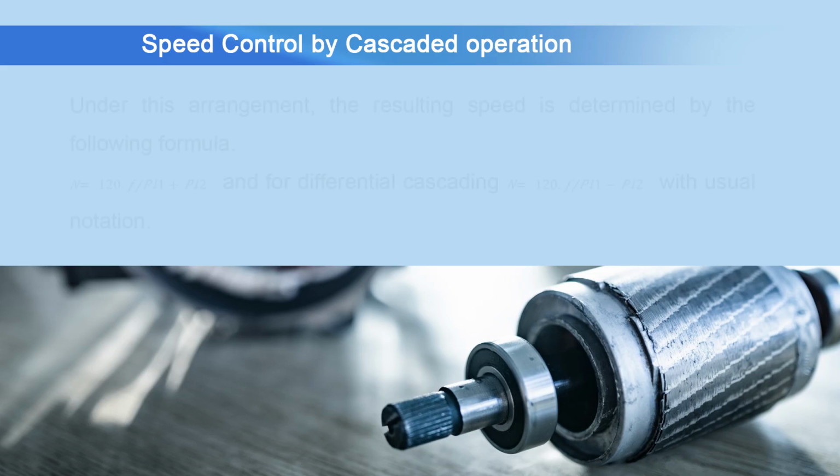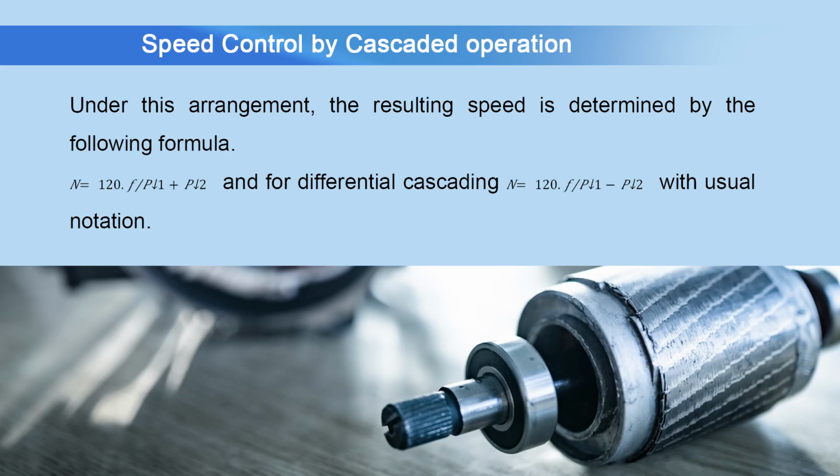We know that SE2 is the voltage induced in the rotor. But since a 1:1 turn ratio is there between stator and rotor of motor A, the EMF induced is SE1. So, this time, what is the input voltage of B? It is SE1. Now, the final speed of the shaft will be equal to N is equal to 120 F upon (PA plus PB), that is, P1 plus P2.